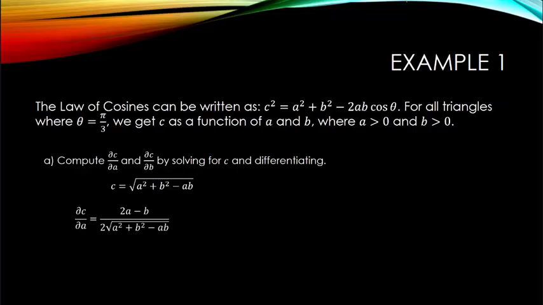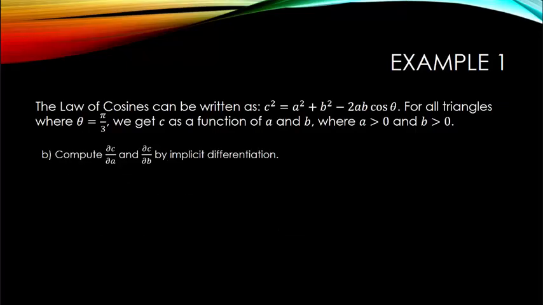My partial derivative of c with respect to a becomes the quantity 2a minus b divided by 2 times the square root of a squared plus b squared minus ab. The partial derivative of c with respect to b is given by the quantity 2b minus a divided by 2 times the square root of a squared plus b squared minus ab. This is isolating c and taking the partial derivative with respect to a and b.